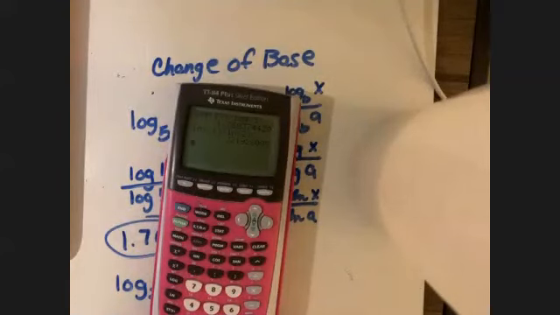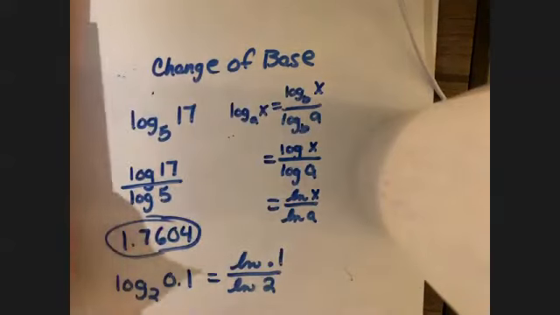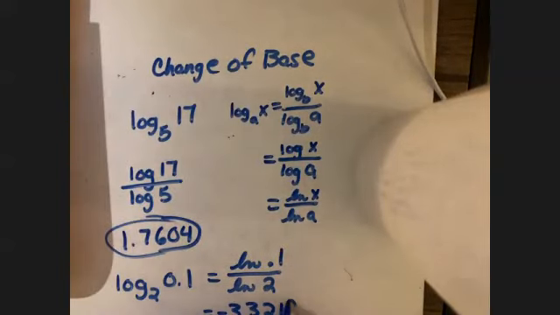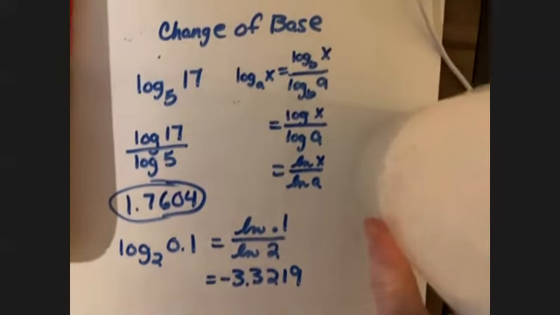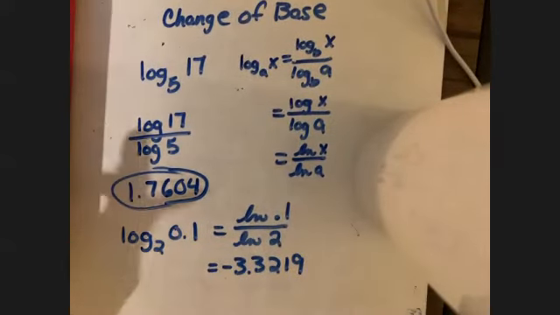And we're going to let that press there. And again, I think they want 4 decimals, so we get negative 3.3219. So there is that. And that is the end of section 4.4.